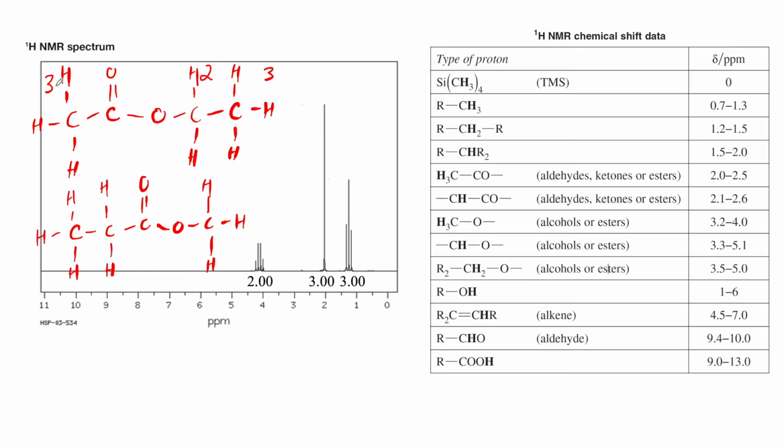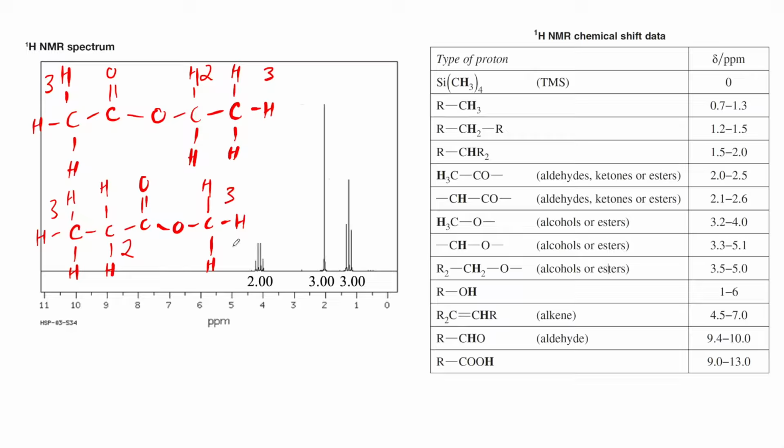The numbers 3, 2, 3 correspond with the relative intensity under each signal. If we apply the same idea to the second ester molecule, we again have 3 protons, 2 protons, and 3 protons. So these are all consistent. So unfortunately for this question, we cannot use the relative intensity to distinguish between these 2 isomers.